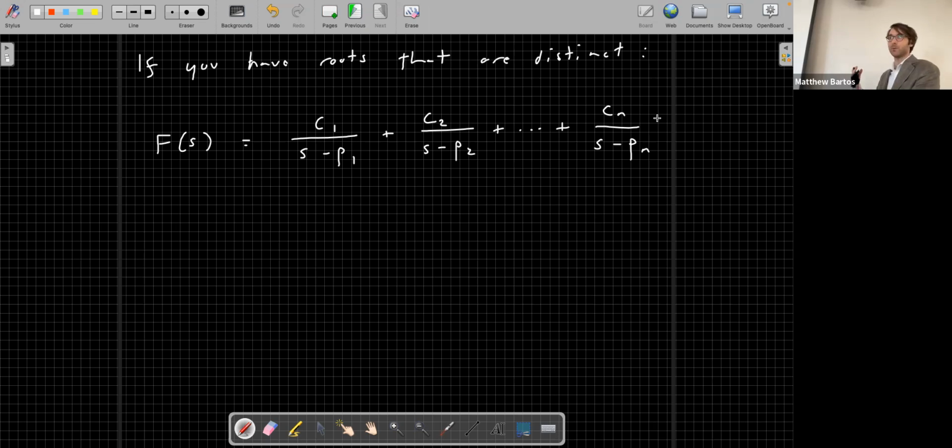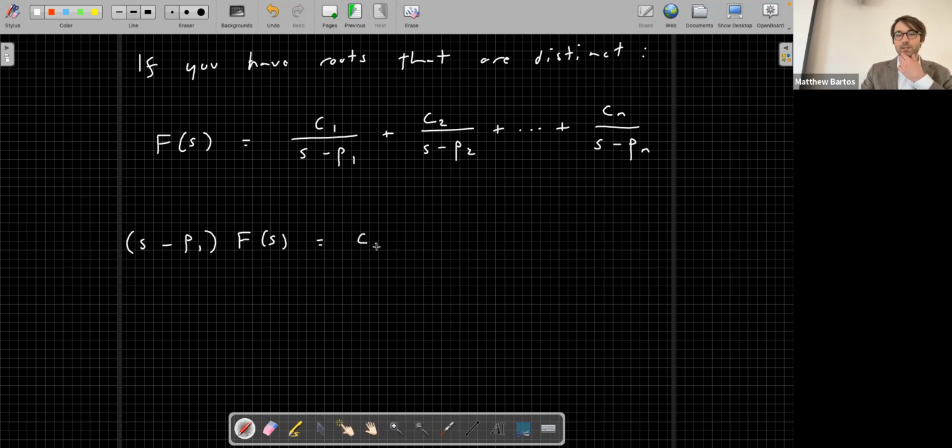So remember that when we multiply the transfer function by the input, we get some rational polynomial generally that can be factored into its roots. What we can do is for each root, so let's just take the first root, we can multiply through by that root.